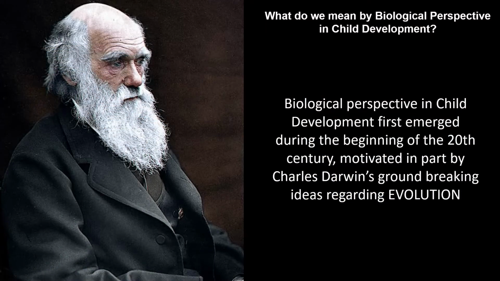When we talk about the biological perspective in child development, we are connecting it to Charles Darwin's theory of organic evolution. The biological perspective first emerged during the beginning of the 20th century, and as I mentioned, it was motivated in part by Charles Darwin's groundbreaking ideas regarding evolution.